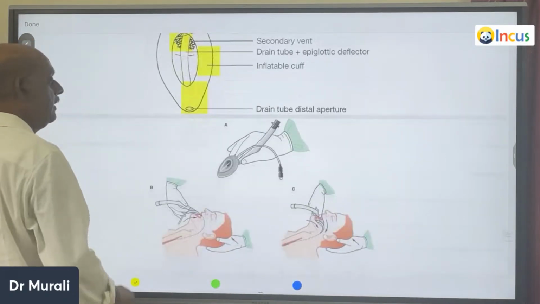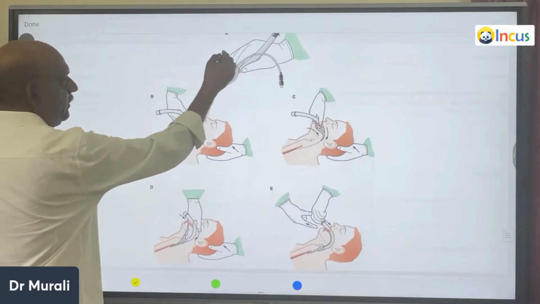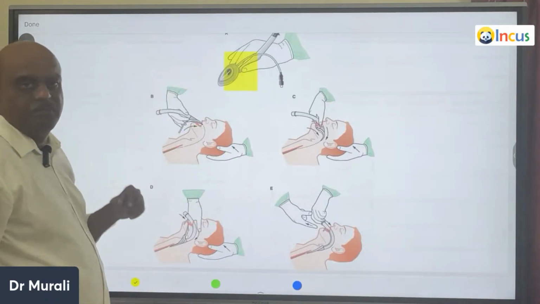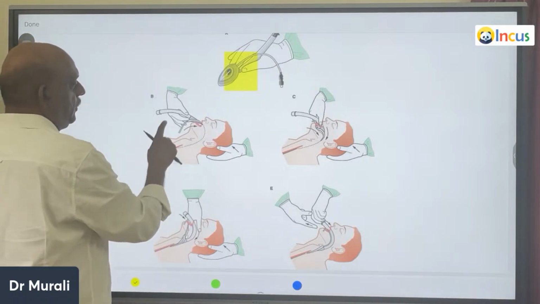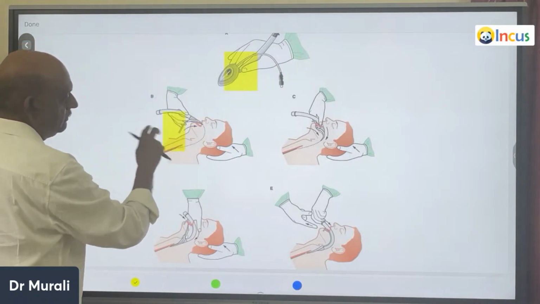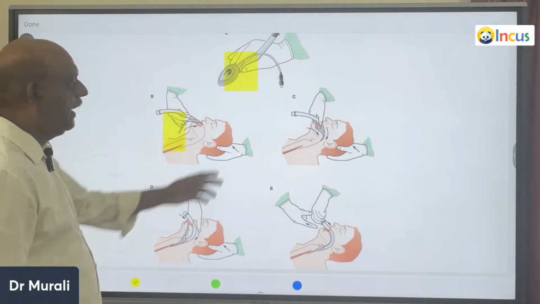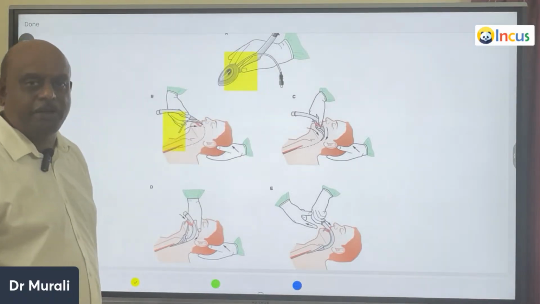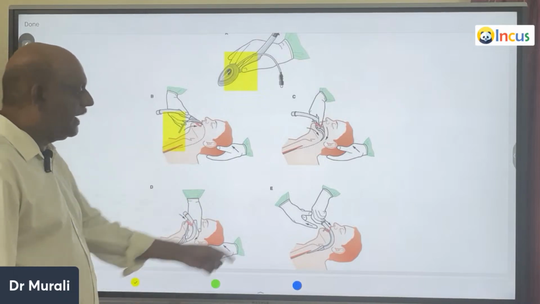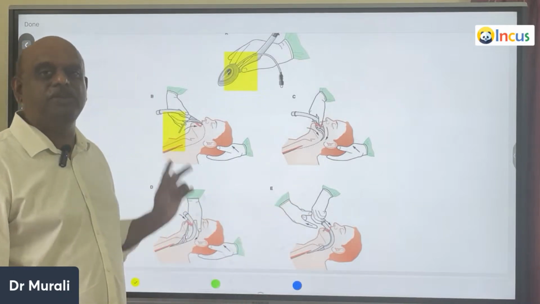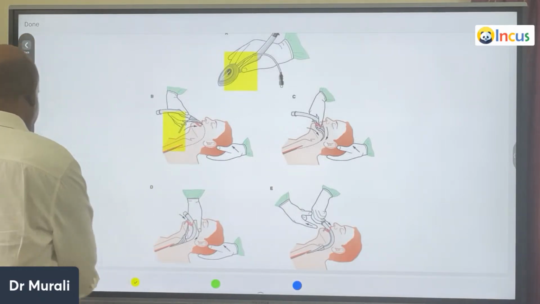Right, doc? So this is the typical way. You hold the LMA, and then you negotiate it into the respiratory tract and reach the supraglottic area. You place it in position and remove the introducer. So this is how Pro-seal LMA is operated.